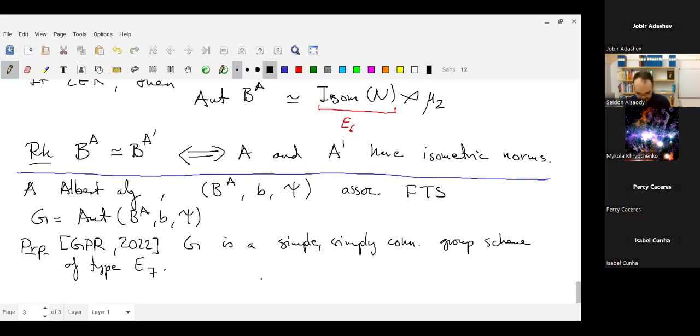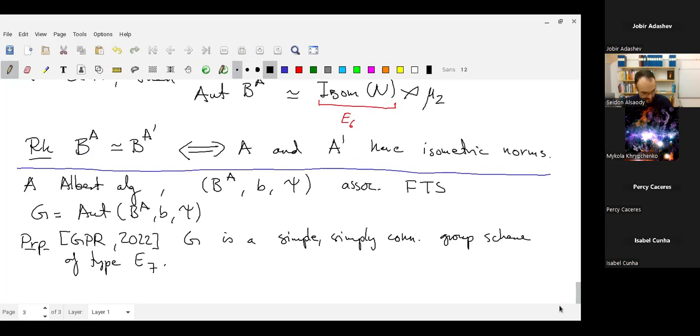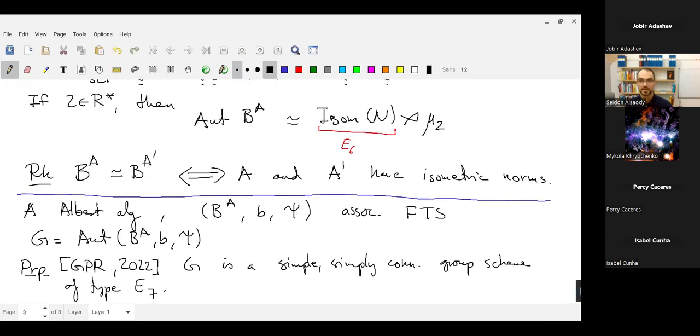Okay. So how do we relate? So now we got the isometry group of the norm of the Albert algebra, or more or less the automorphism group of the Brown algebra, that's E6. The automorphism group of the Freudenthal triple system, that's E7.